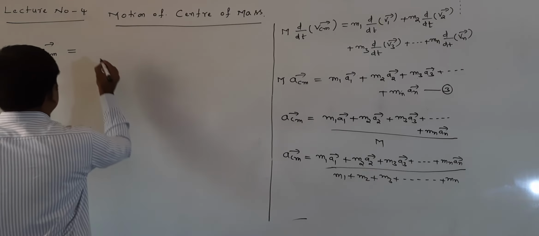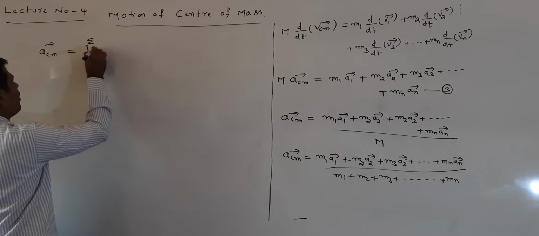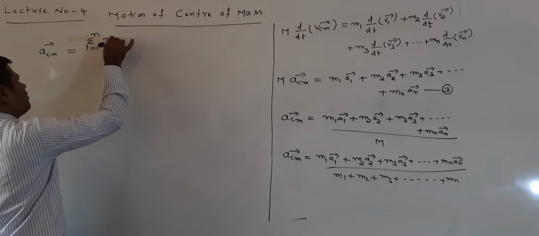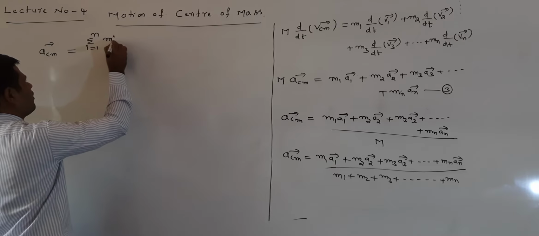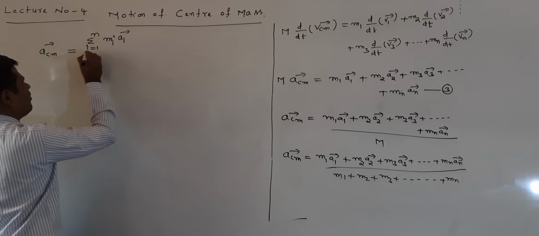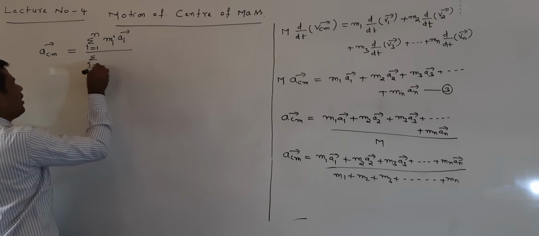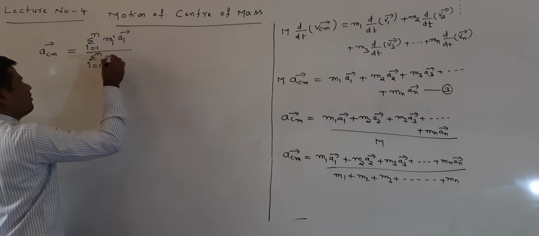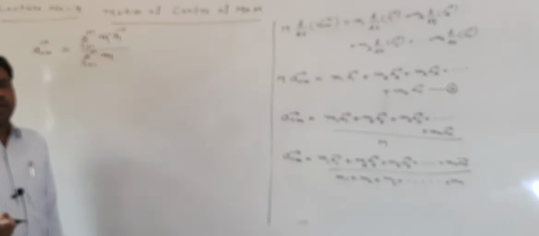I am writing it like this: sigma i equals 1 to n mi ai bar by sigma i equals 1 to n mi. Okay, we are writing like this.